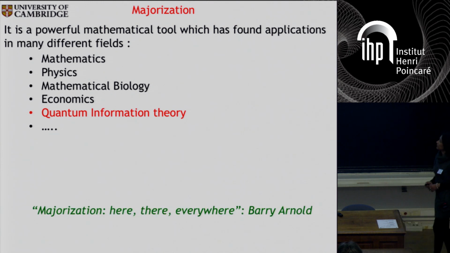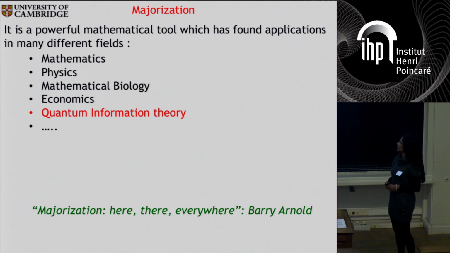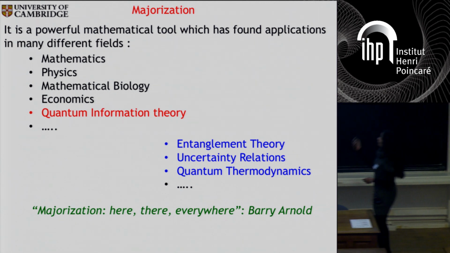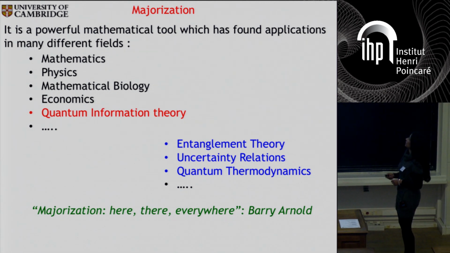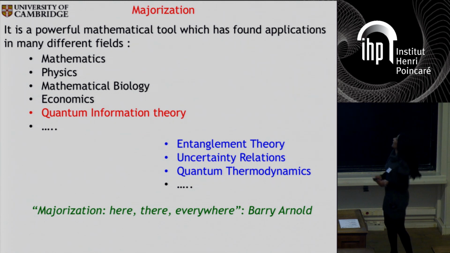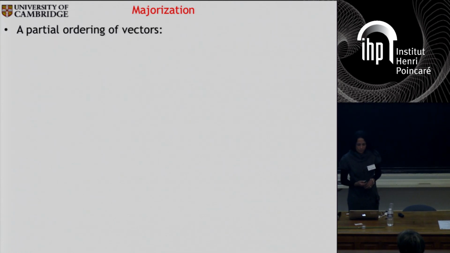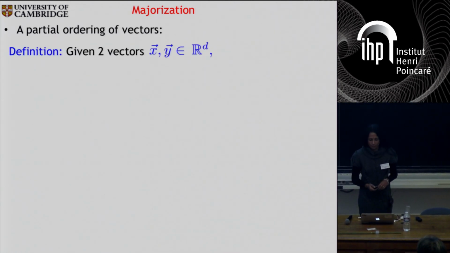In fact, I came across this very interesting paper by Barry Arnold, whose title is Majorization, Here, There, Everywhere. As far as quantum information theory is concerned, you find applications of majorization in entanglement theory, uncertainty relations, quantum thermodynamics, and others. Majorization is a partial ordering of vectors.